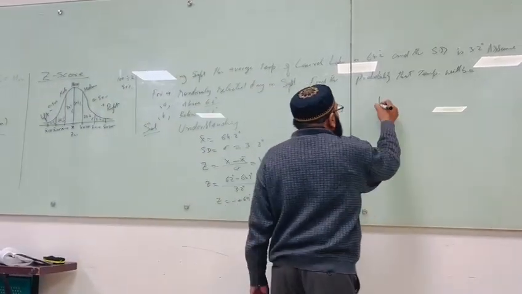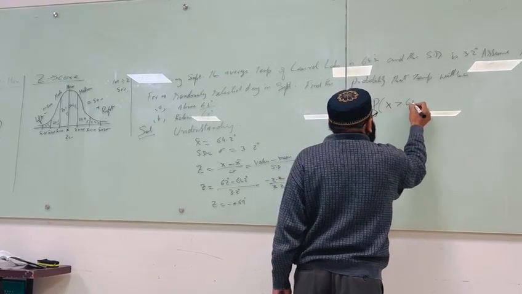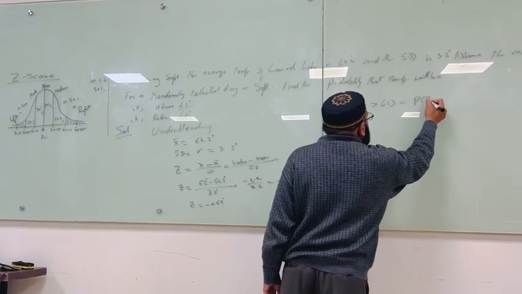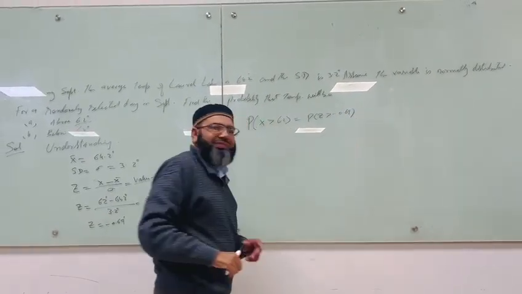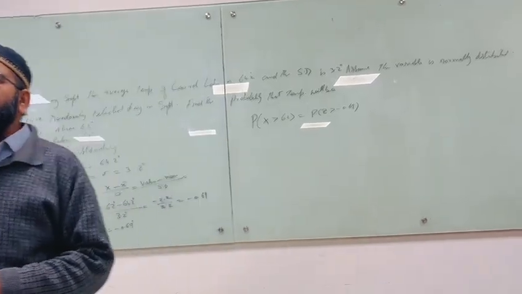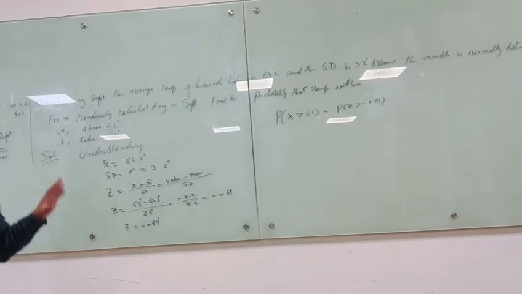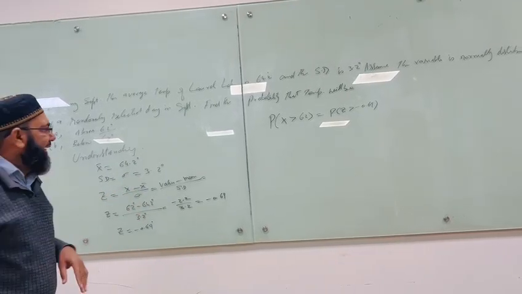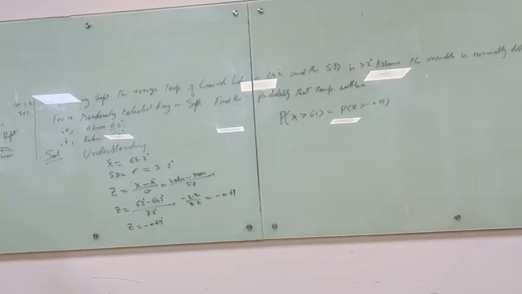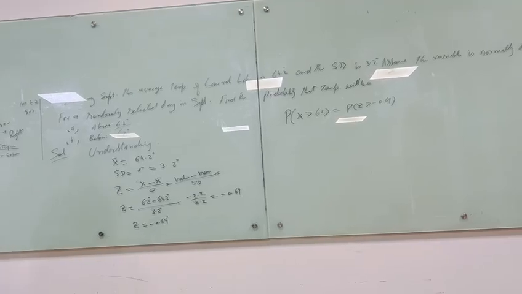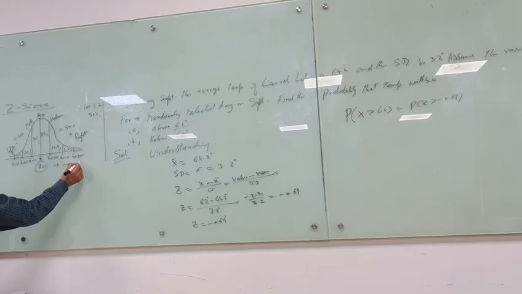We have to find the probability of X more than 62, which is equal to the probability of Z more than minus 0.69. What is the Z-score? The Z-score gives the area under the curve, and the area under this curve is the probability. How do we calculate it? From the Z table, because at the mean the value of Z is 0, here it is plus and here it is minus.